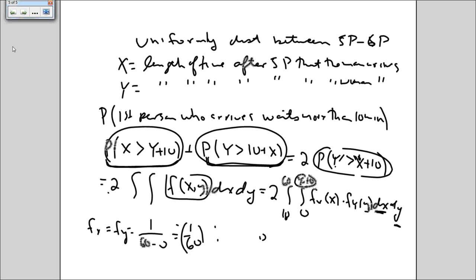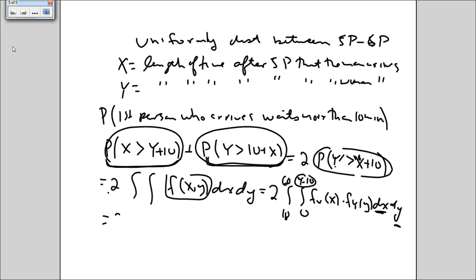It's 1/60. It's uniformly distributed. So the probability that they come at a particular time is 0. I don't even have to tell you the time, unless I say at 6:07, and then you say 0. The man came 67 minutes late, 0.